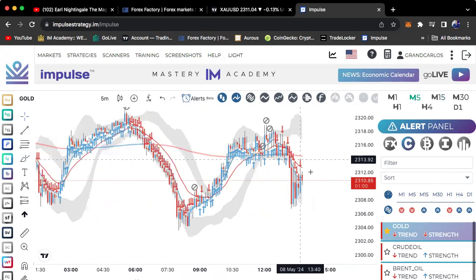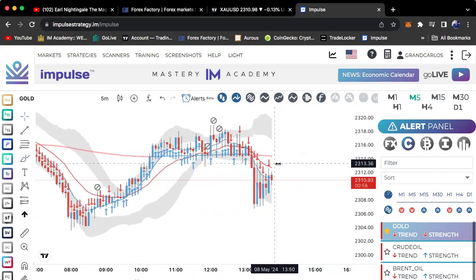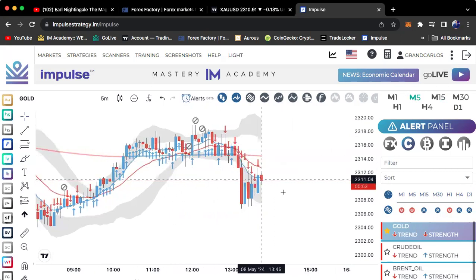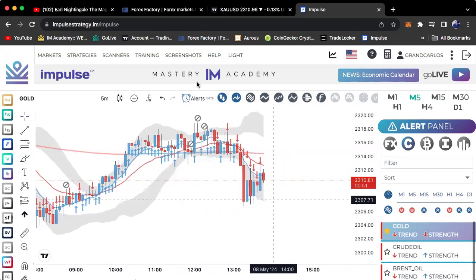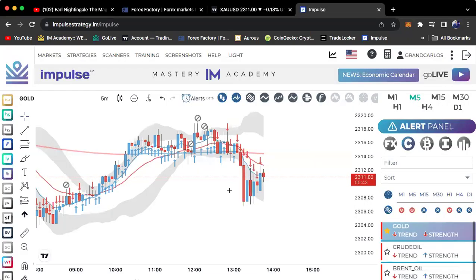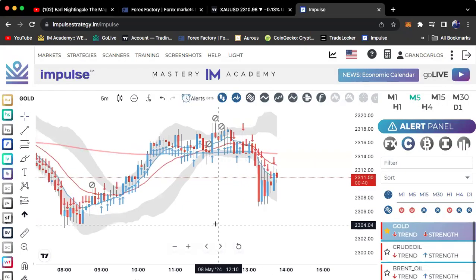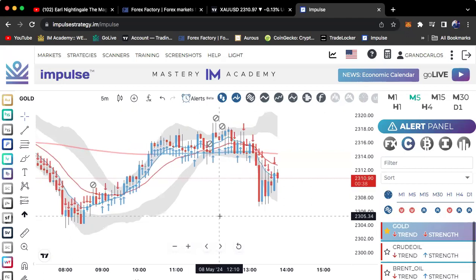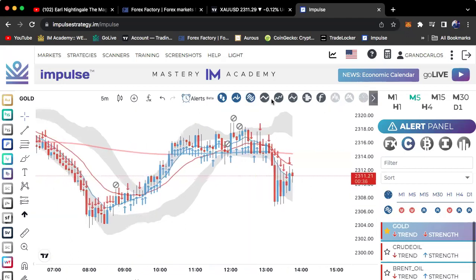At the 5 minute, price is below the EMA. It's giving me red arrows. I'm waiting for price to break below the 2305 area. So 2305 is down here.